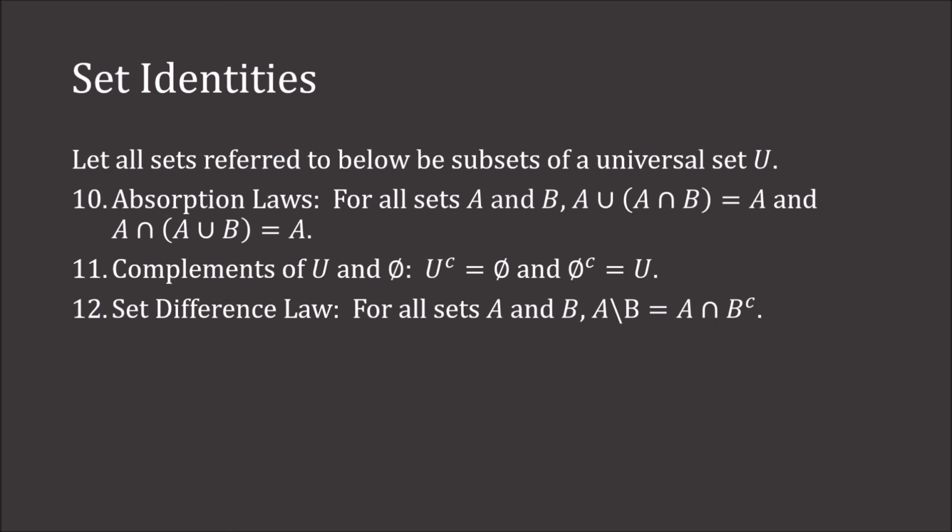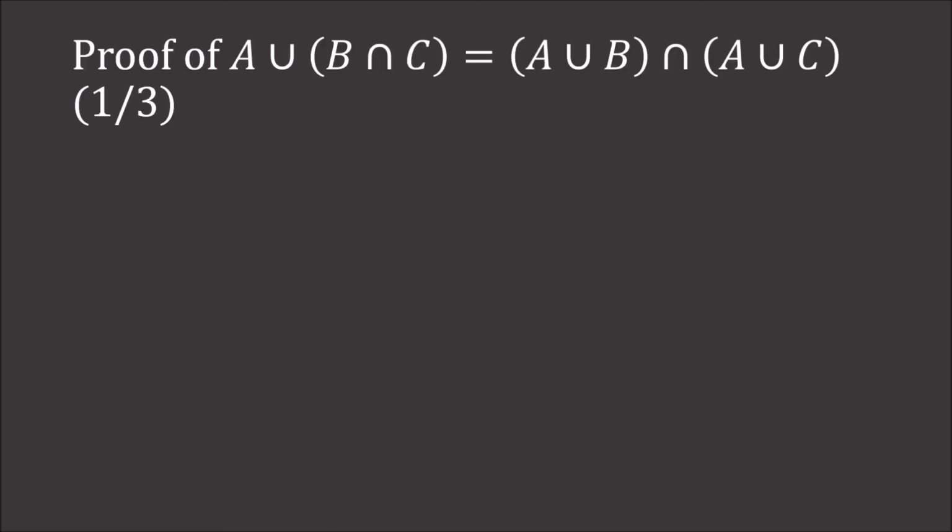First, the proof that A union the quantity B intersect C is equal to the quantity A union B, intersected with the quantity A union C. First you have to suppose that A, B, and C are arbitrary sets.